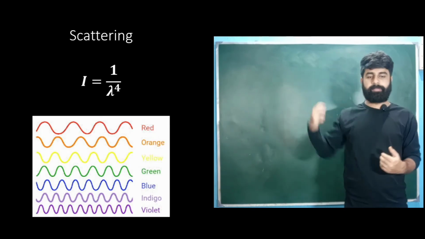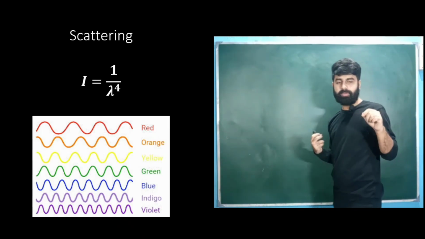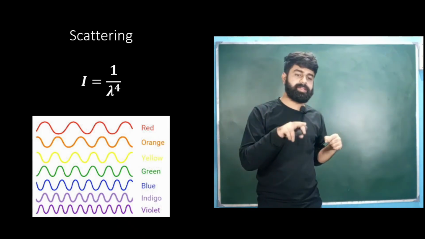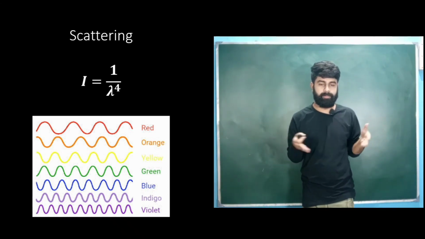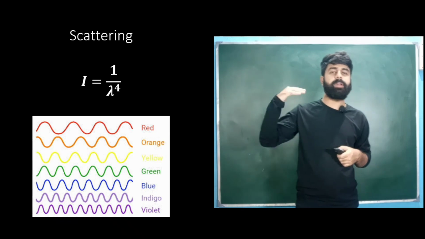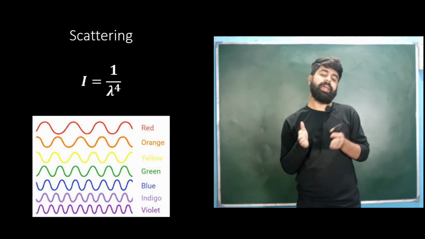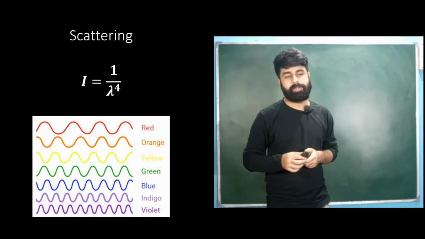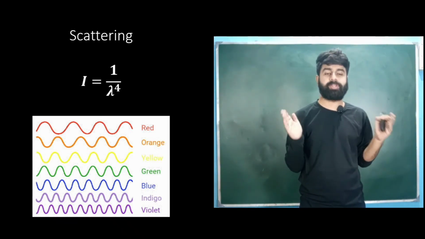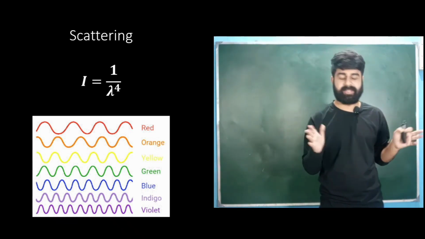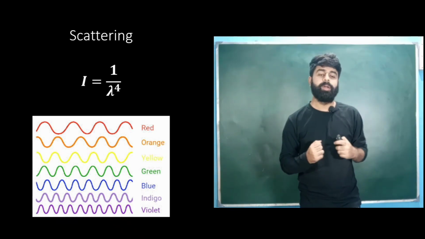Alright, so here is the thing. This is red to violet and their wavelengths. The more frequency there is, the less wavelength there is. So red light has the lowest frequency and the biggest wavelength, and violet is the opposite of red.